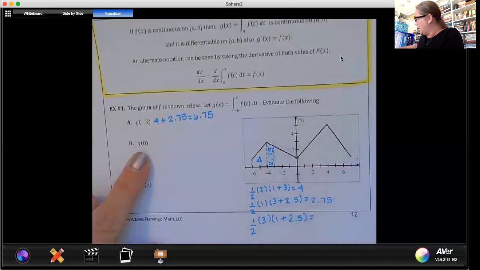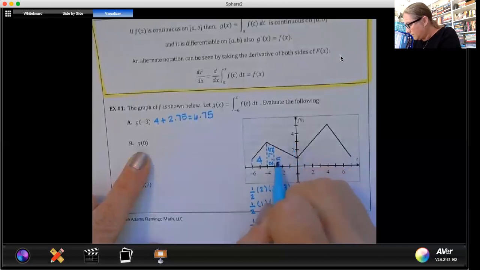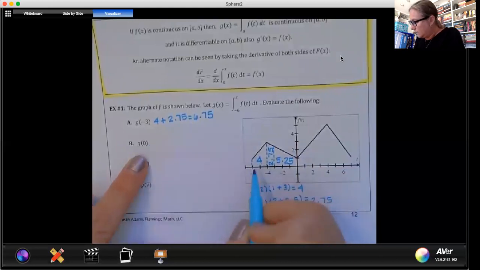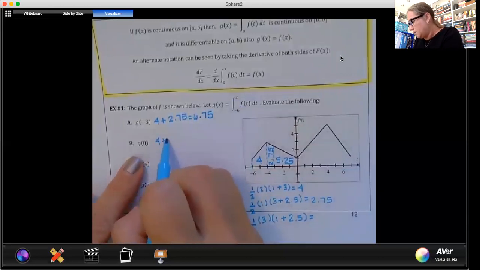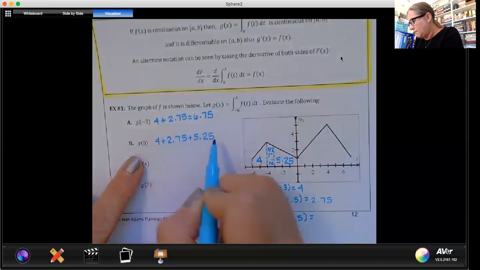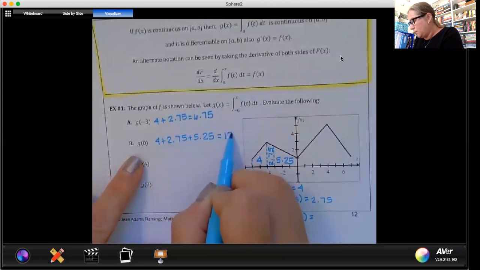So 3/2 times 3.5 is 5.25. So g of 0 is the area from -6 to 0. So 4 plus 2.75 plus 5.25, add all those up and you get 12.